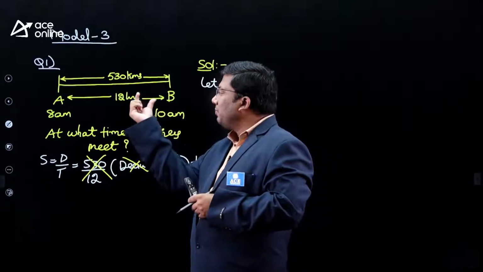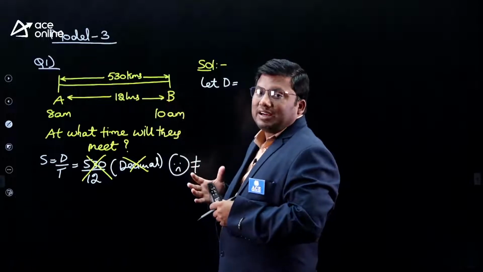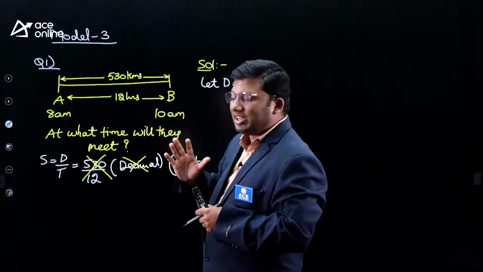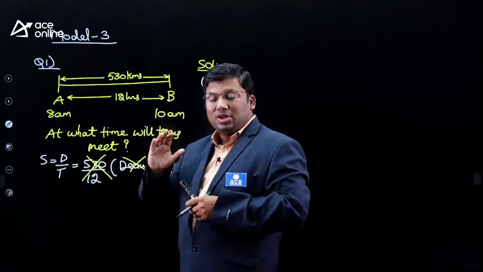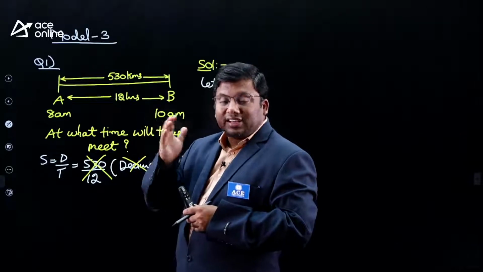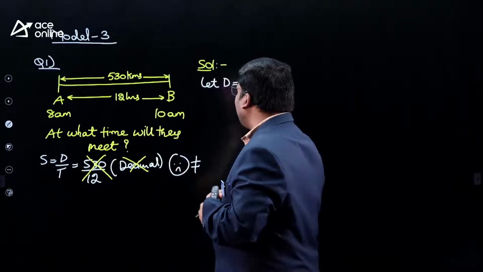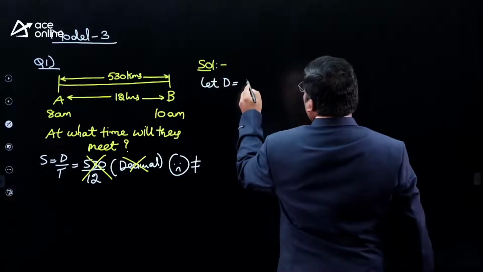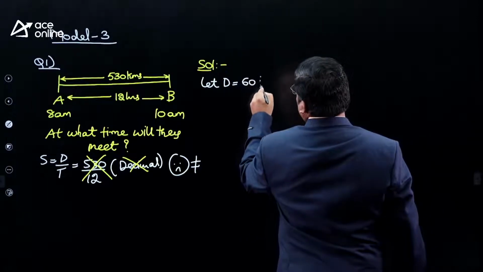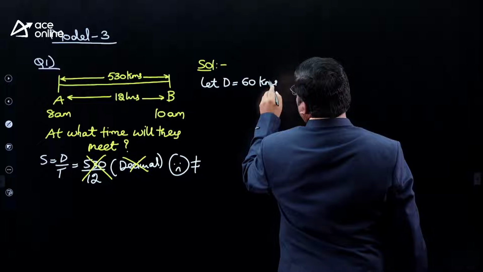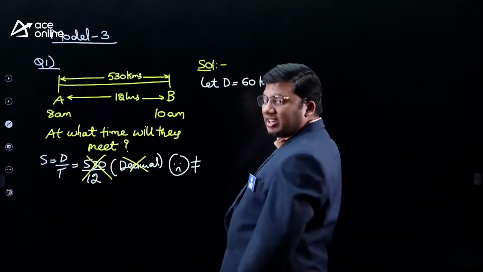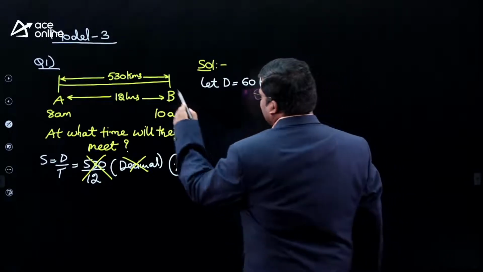Let us take a number which is a multiple of the time so that I will get an integer value. I will not take 530; I will take a multiple of 12. So let D equal 60 kilometers. Let me see what happens if it is 60.